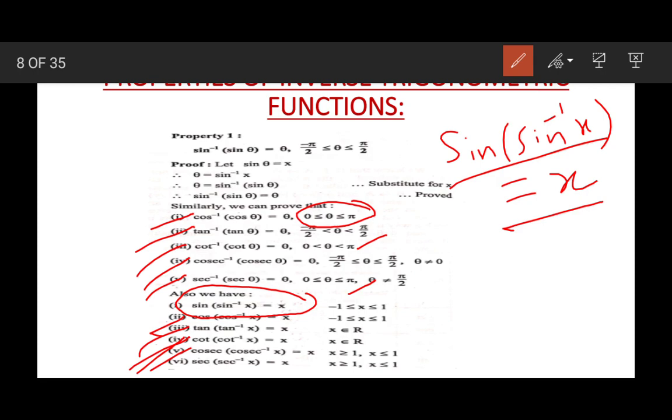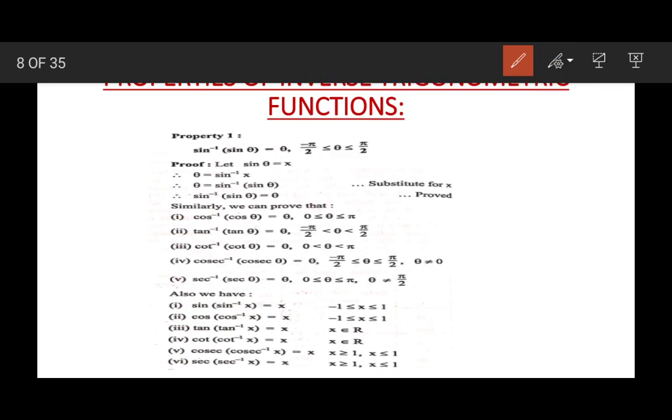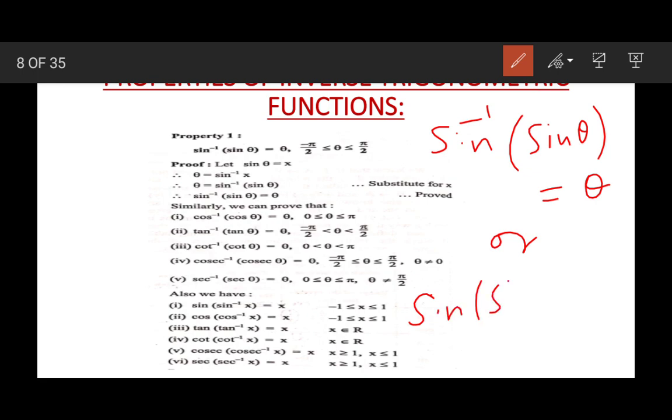Okay, so the first property is all about sin inverse of sin theta, that is equal to theta, or we can say that sin inverse of sin x is equal to x.